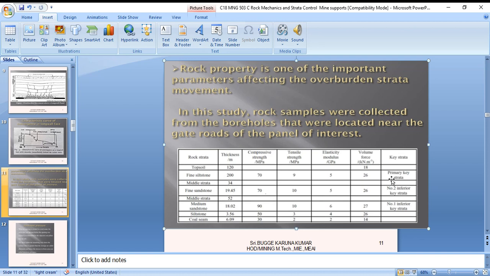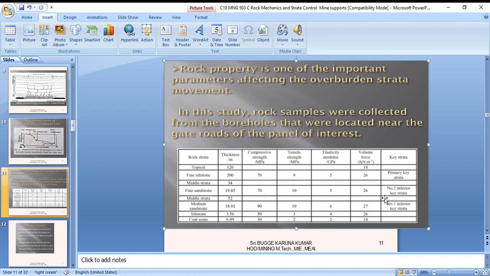Primary key strata. Next, the middle strata has a thickness of 14. There is no data available. The fine sandstone is 19.45, compressive strength is 70 megapascals and tensile strength is 10. The elastic modulus is 5 gigapascals, and the volume force is 26.